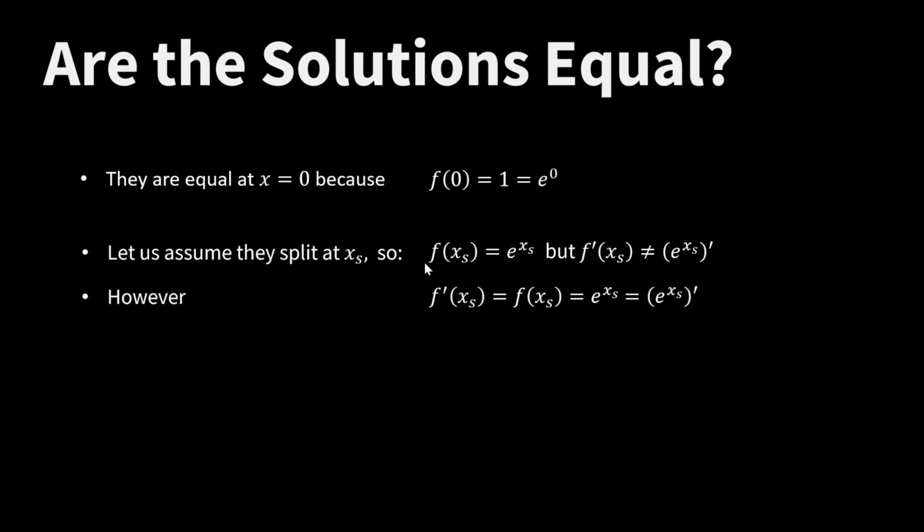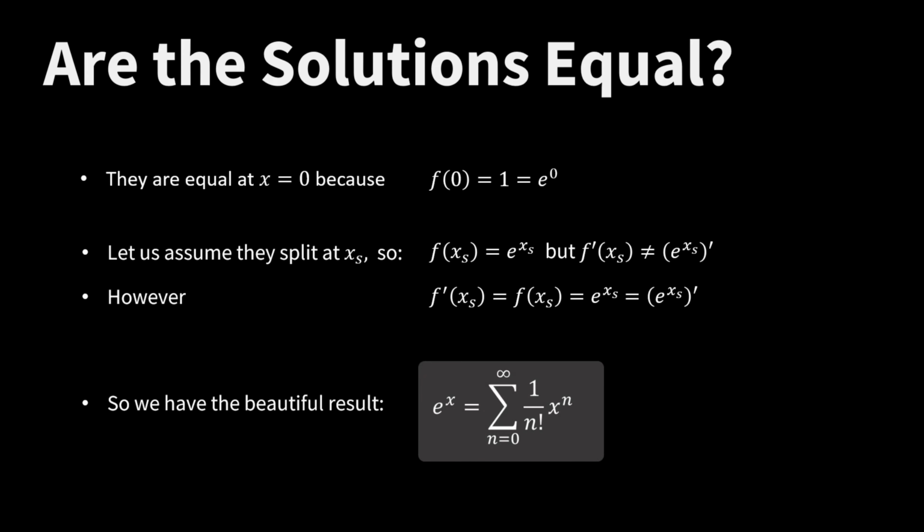Well, both functions have the property that they're equal to their derivatives. This means if the functions have the same value, their derivatives must also have the same value. So it's not possible that we ever have a split. And this means the two functions we just derived are indeed equal. So we get this very interesting and nice formula.